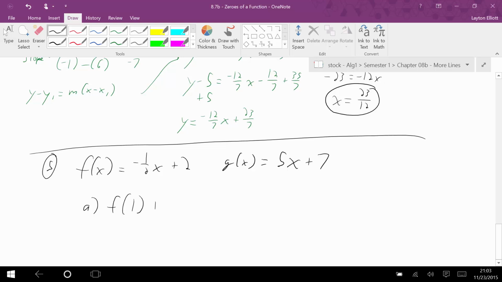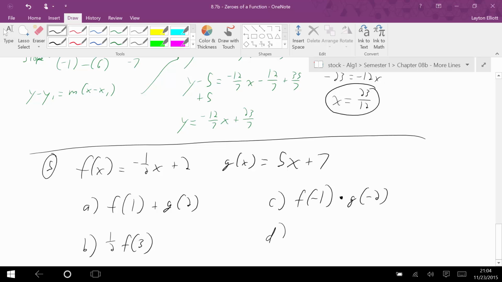Let's say f of 1 plus g of 2. Then I want you to do 1/2 f of 3. Then I want you to do f of negative 1 times g of negative 2. So that dot in the middle is a times. And finally, let's just do g of negative 5 over 3.